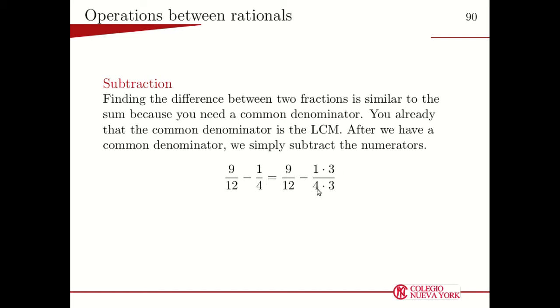If we multiply the denominator by 3, we must also multiply the numerator by 3. We get, in the second fraction, 3 over 12. And now we can do the operation. The denominator stays the same, and 9 minus 3 is 6. Remember to simplify always whenever you can. We can simplify 6 over 12 by 6, and our final answer would be 1/2.